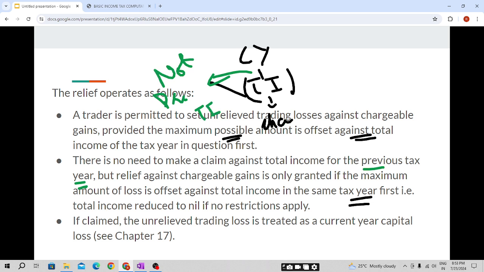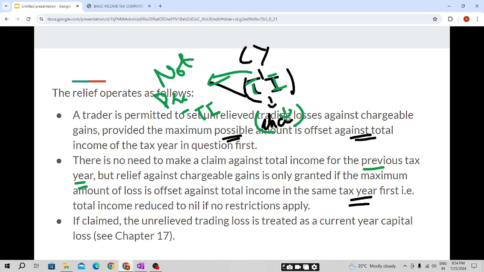No, students. If you have claimed against the current year total income, then you can set off against the chargeable gain. I hope this is clear. It is not necessary that you claimed in the current year and also the previous year before you can come to chargeable gains. No, students.